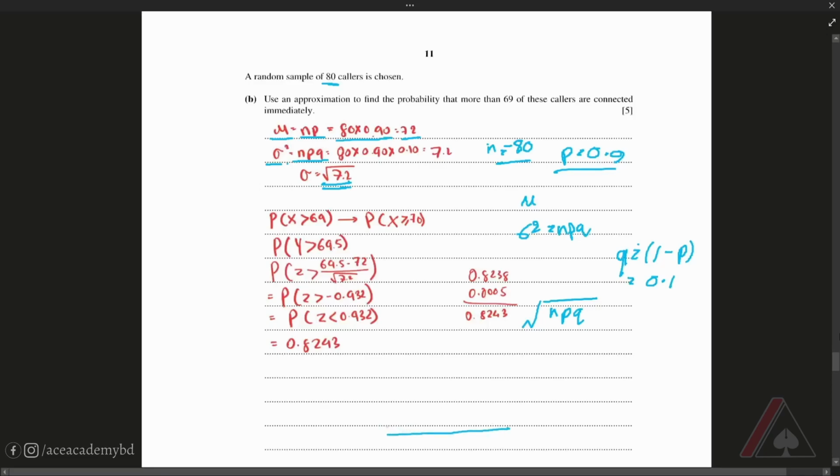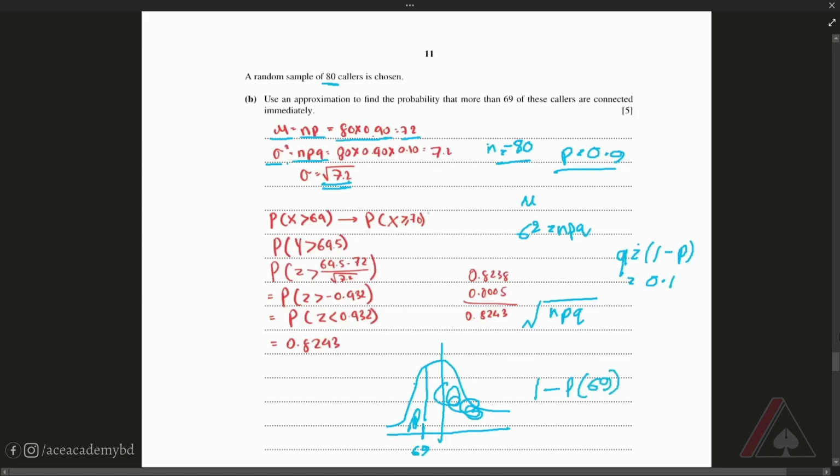So let's draw a normal distribution graph here. Let's say this is 69 callers connected successfully. We need to find this area, which is 69 or more. So what we do is subtract the probability of 69 or less from 1.